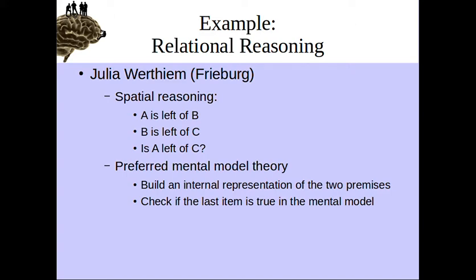The negative aspect of that particular theory, and why it doesn't give you perfect results all the time, is that there are lots of situations where you can give people ambiguous data, where it's unclear where one item is.